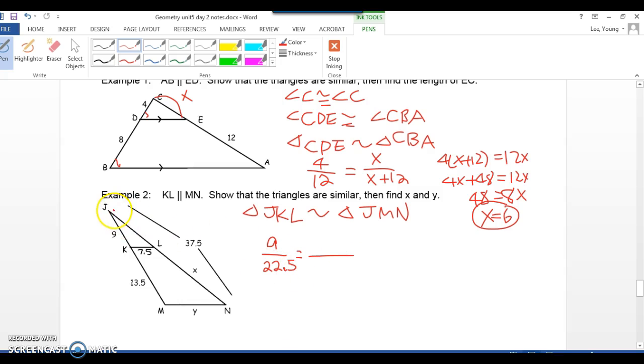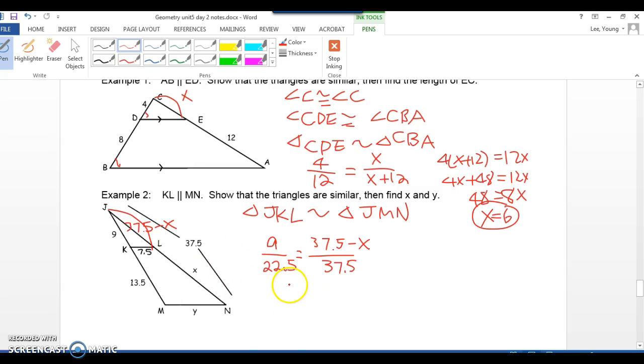How do you set this up? We don't know the length of JL, but we know that JL will be 37.5 minus x, because the whole thing is 37.5. So 37.5 minus x over 37.5. And you can actually solve the proportion there.